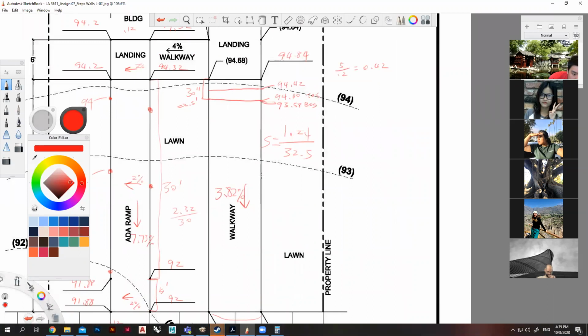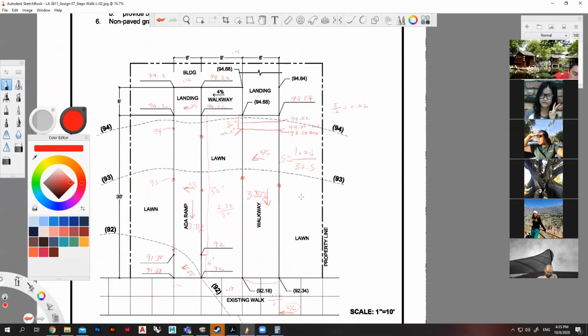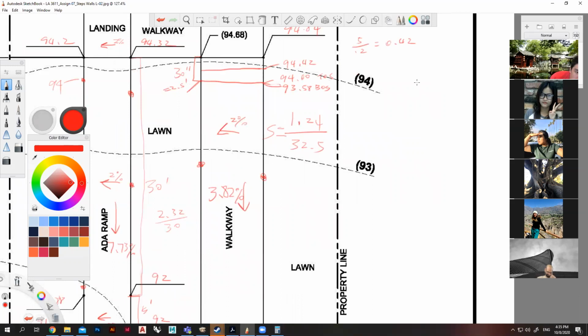Most likely, well, we do have that crossed up here too, so keep that in mind. So when you're doing calculation, this point you have to find out using that 2%. So I'm just gonna skip that. And 93 is most likely here and here. And there's no 92, okay?